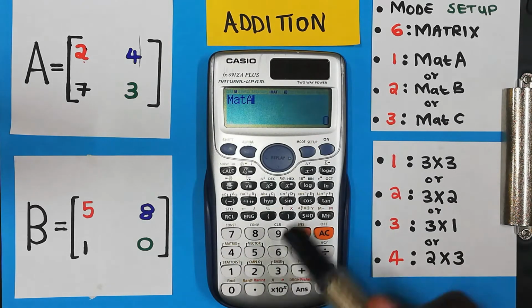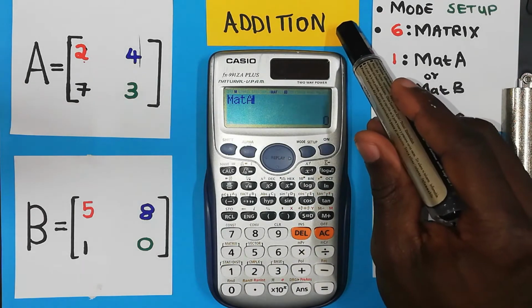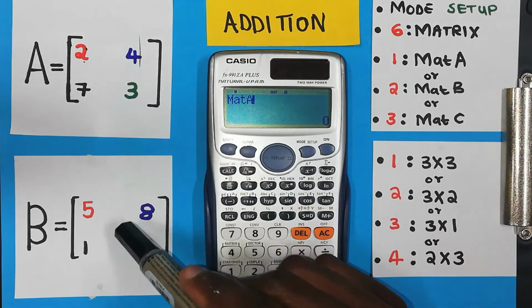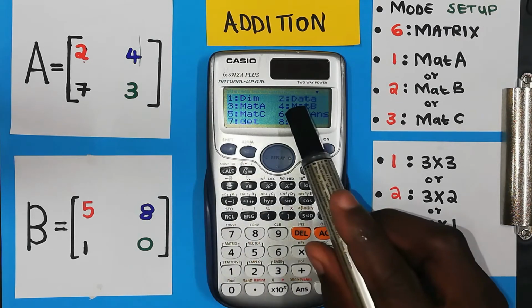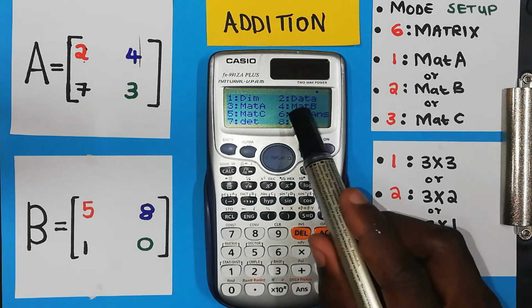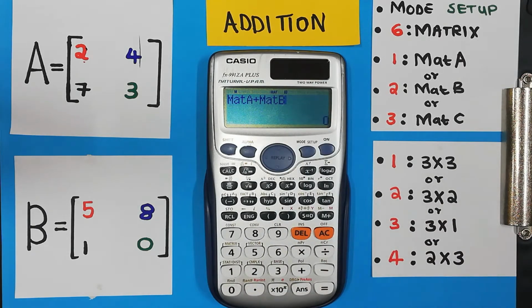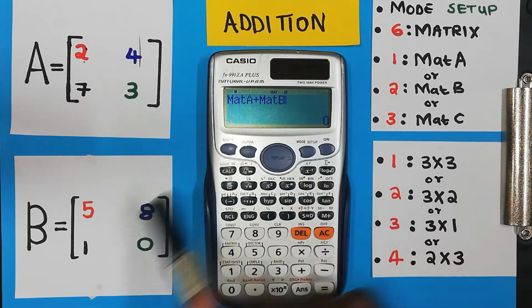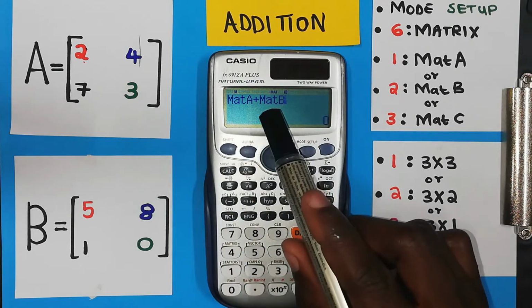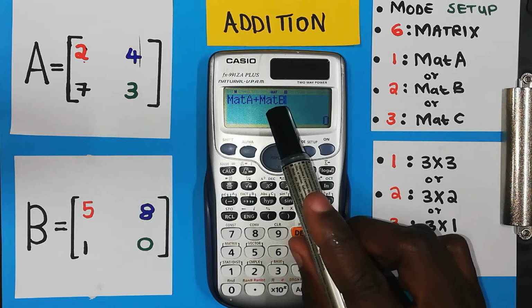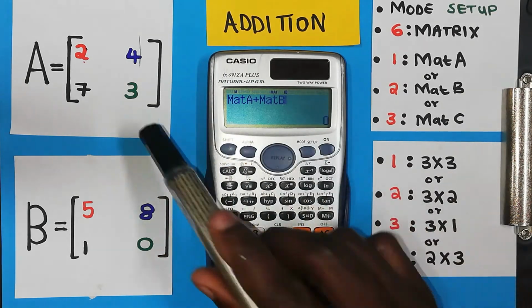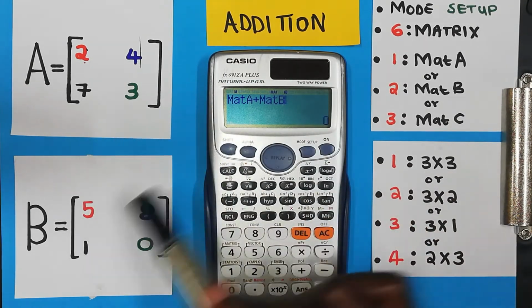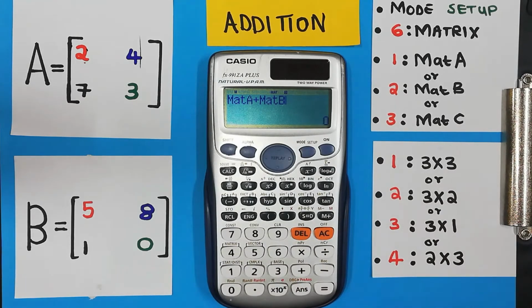In this case we are doing addition of these two matrices, so I'm going to press plus. Then I do the same for matrix B, so I'm going to press 4. When I press 4, it shows me that I've really selected matrix B. So the whole concept was to add matrix A and matrix B, and this is what we have achieved so far.